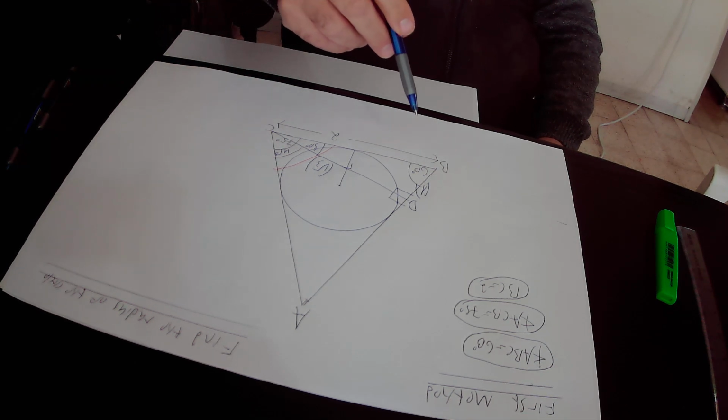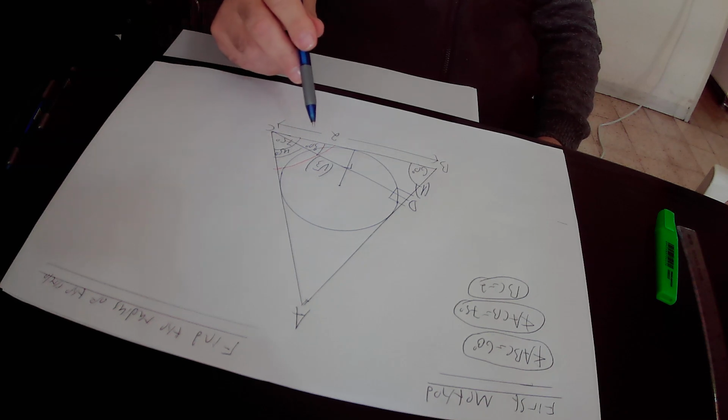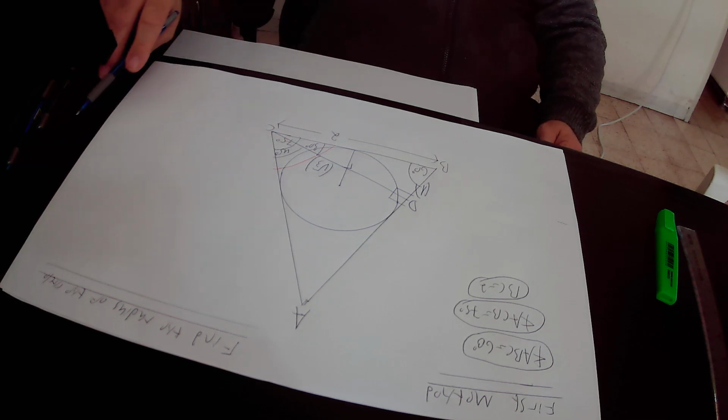In the next step, I will copy the right triangle DCA in a new page, and we will analyze this right triangle DCA.